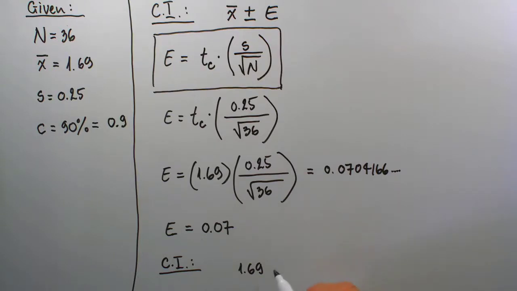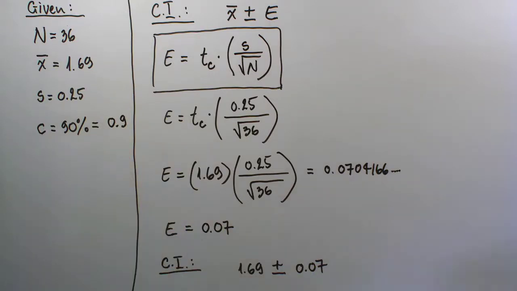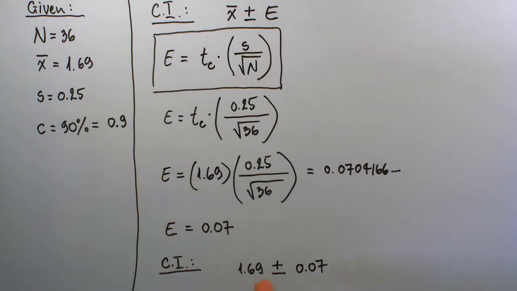But now the conclusion we have found is that the actual national mean gas price on that day is anywhere up and down by 0.07. And this confidence interval here is being guaranteed at successful level being 90% or 0.9, indicating that if we construct our confidence interval like this on that day, there is a 90% chance this confidence interval will contain the actual mean value. So our actual mean value is going to fall within this estimation.